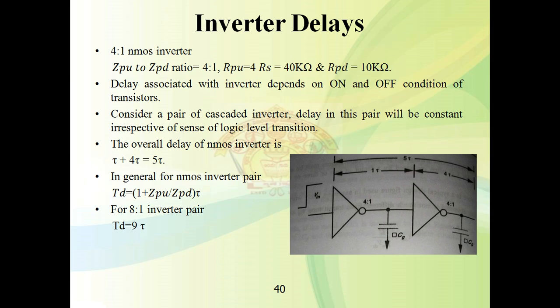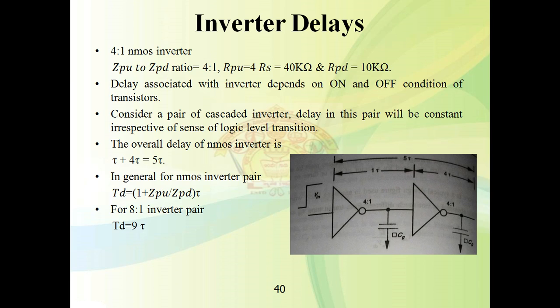Depending on which transistor is on, the time required to charge or discharge the capacitance differs, and so the delay differs. When the applied voltage is high, the pull-down transistor is on with only 10 kilo ohm resistance, and when the pull-up transistor is on there is 40 kilo ohm resistance for the 4:1 inverter. So the delay will be different.